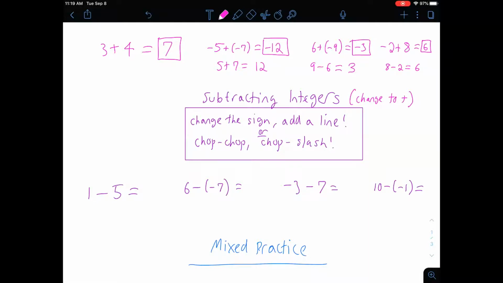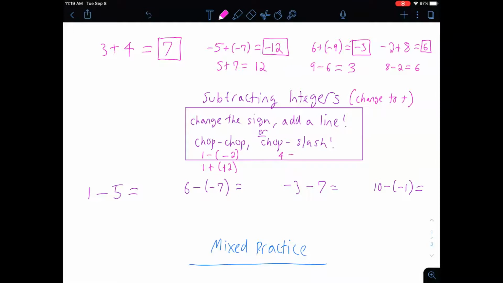So chop would be something like 1 minus -2, and that's going to be 1 plus +2. Let me fix that actually. So 1 minus -2, you're going to do chop. You're going to change from subtraction to addition. It's the same thing as change the sign, add a line, but we're going to change it from subtraction to addition, and then change the negative to a positive. Okay, it's like we're adding the opposite.